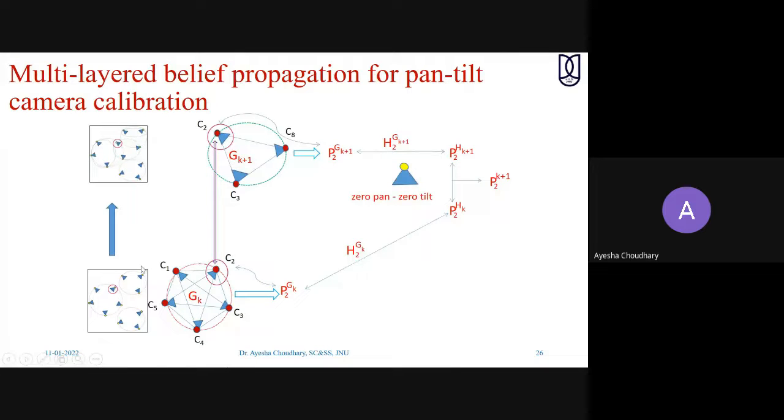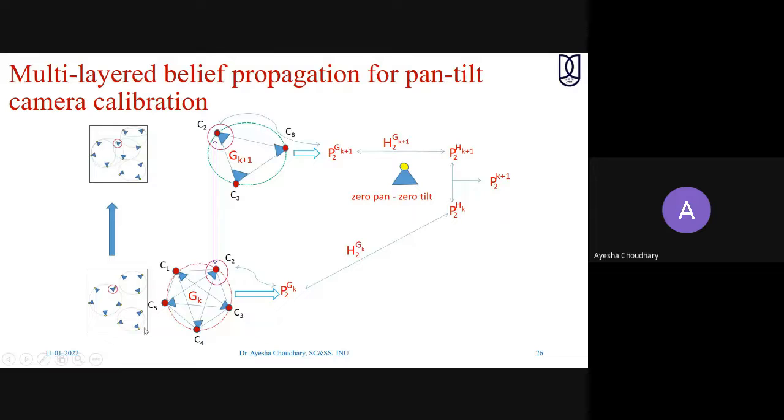But now what happens? This is a clique in the static camera network, which we have been able to calibrate. And so we have values of the camera matrix for each one of these cameras. We pick up camera C2, which has the camera matrix P2 in this GK. Now, GK is this graph.